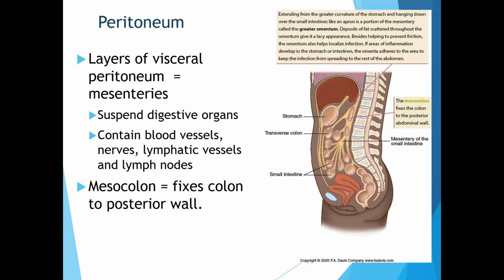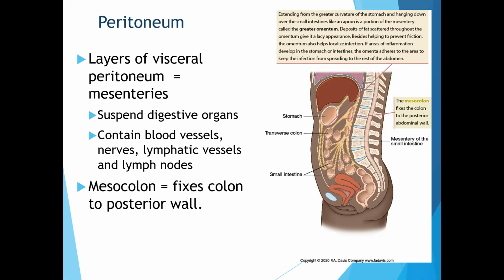Okay, the peritoneum. So the layers of our visceral peritoneum is the mesentery. The best way I can describe mesenteries is large groups of tissue. It helps suspend our digestive organs.